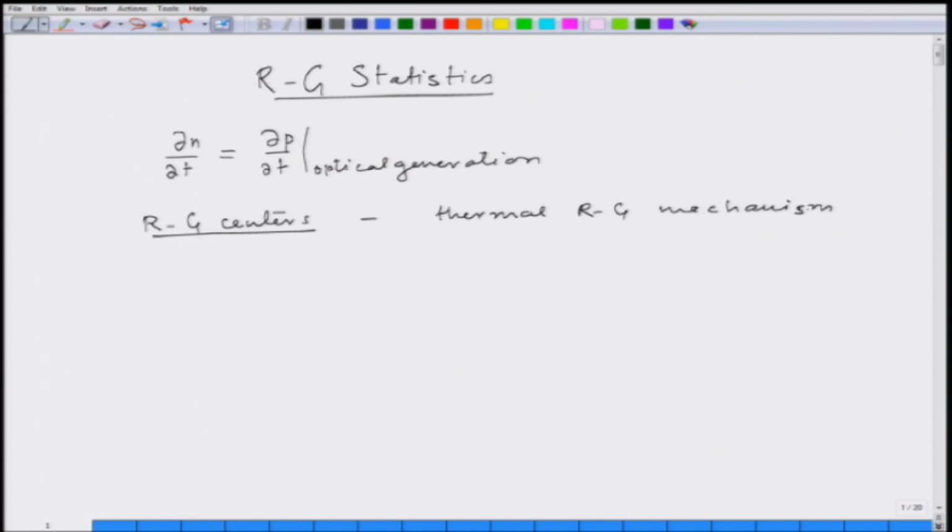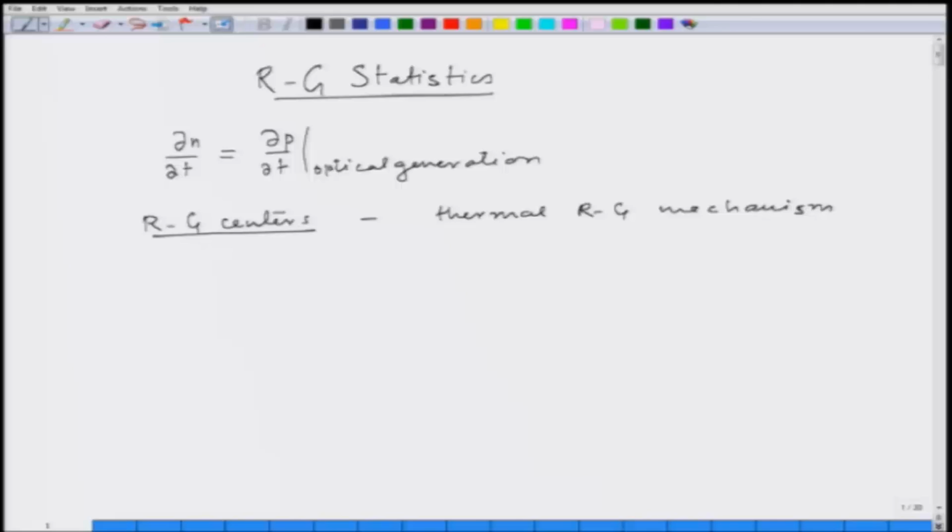Since this is a very important mechanism for R-G processes, we devote today's lecture to understand how we would mathematically look at the recombination generation through the R-G processes.